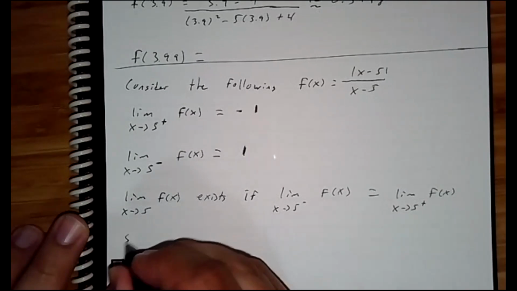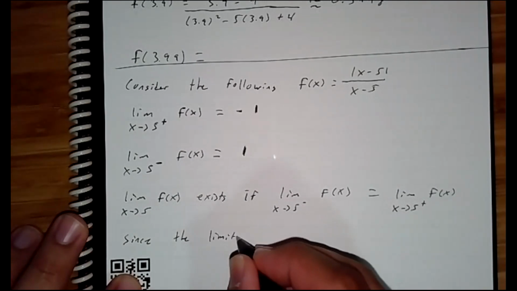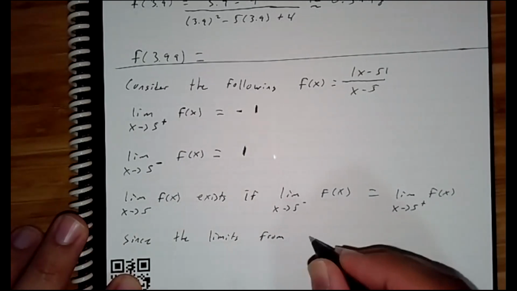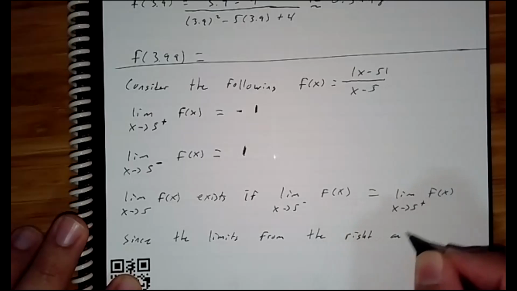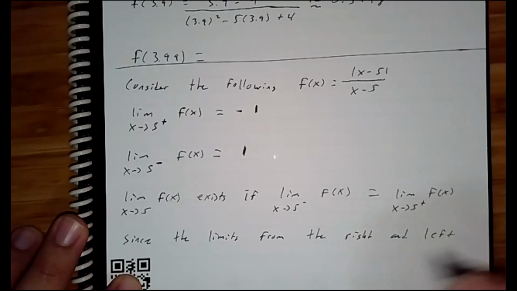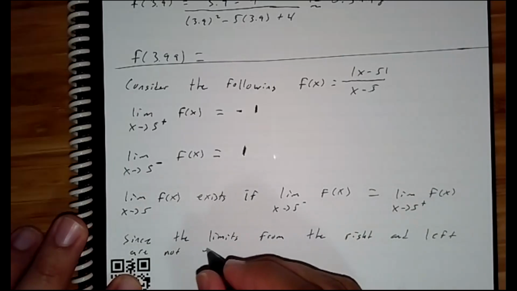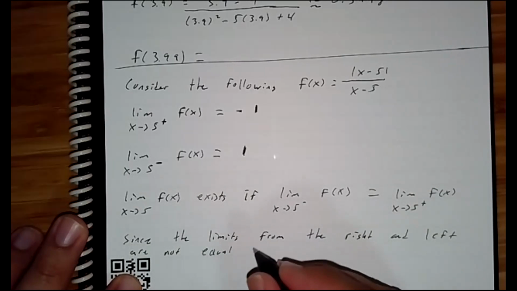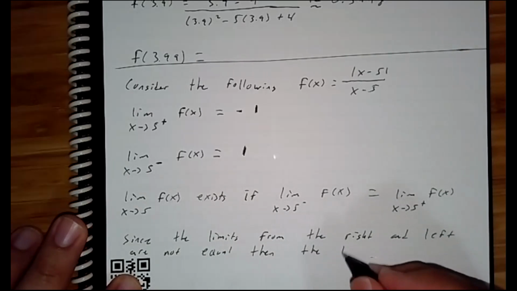Let's put it in plain English: since the limits from the right and left are not equal, then the overall limit doesn't exist.